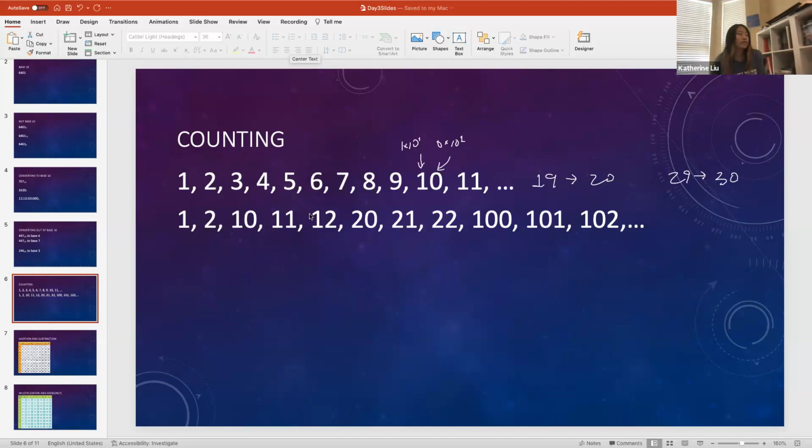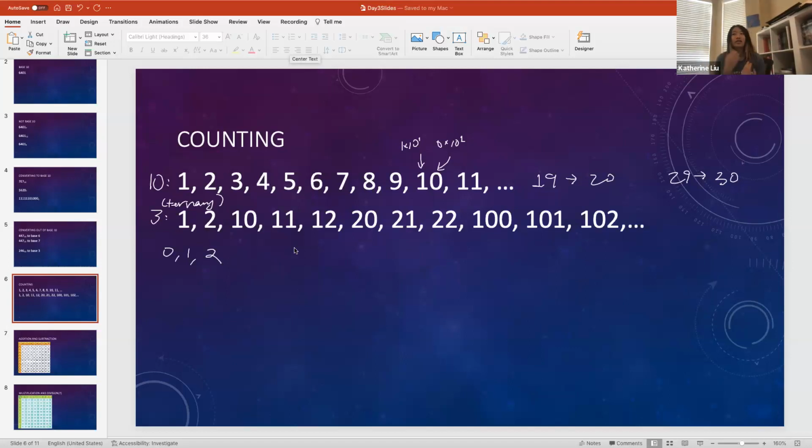So now let's consider base 3. And as a reminder, this is called ternary, I think. Here, we only have the digits 0, 1, and 2. Which means that once we run out of digits, we have to carry.